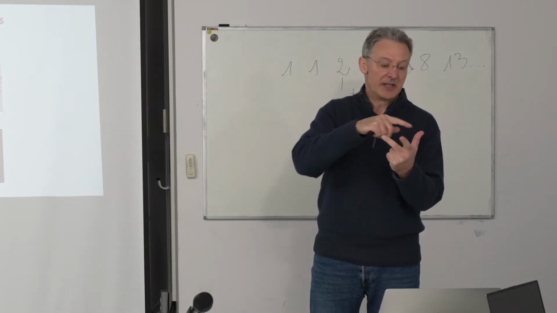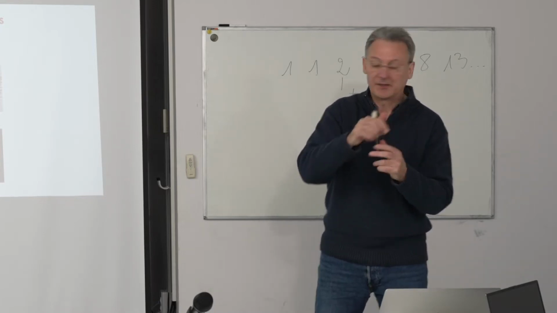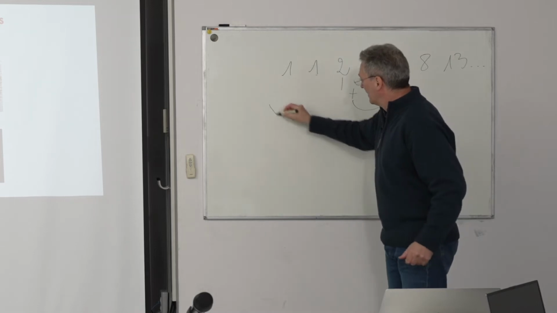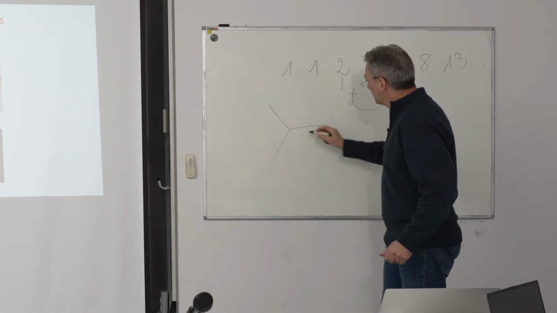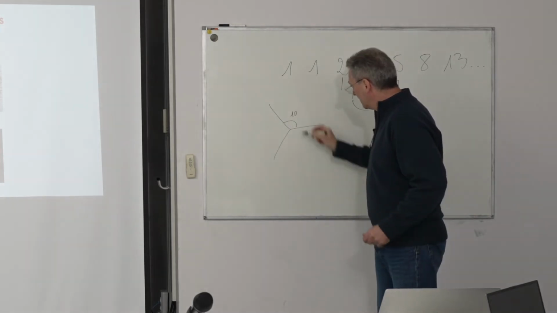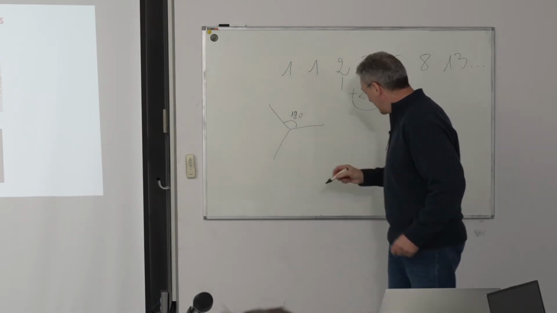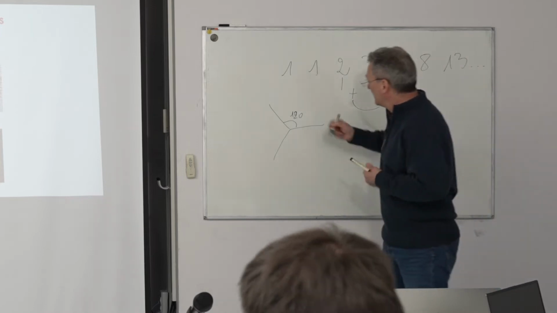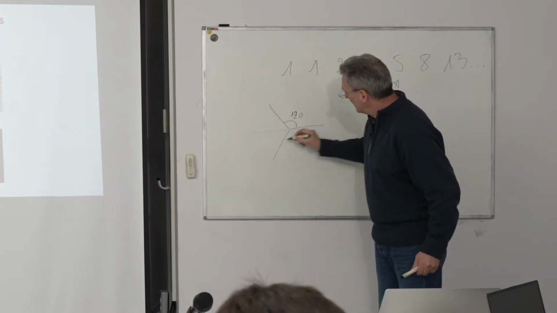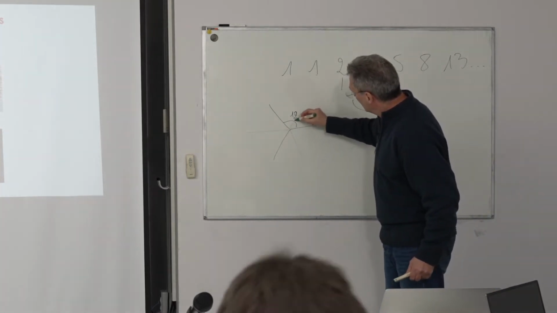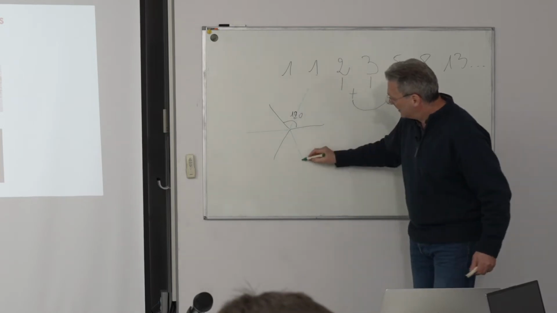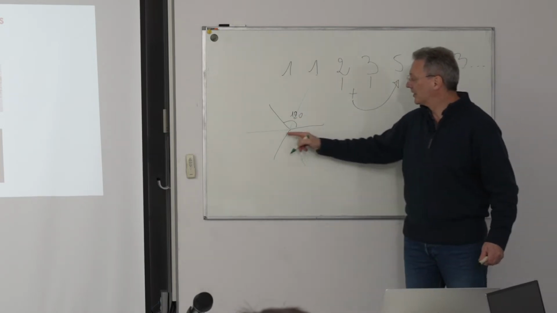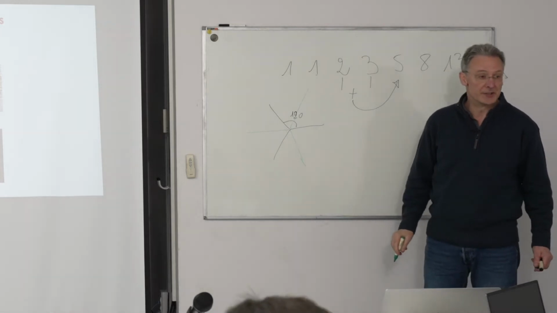Meaning that if I have 120 degrees here, the next whorl will be positioned as a bisector of each of the 120 degrees.